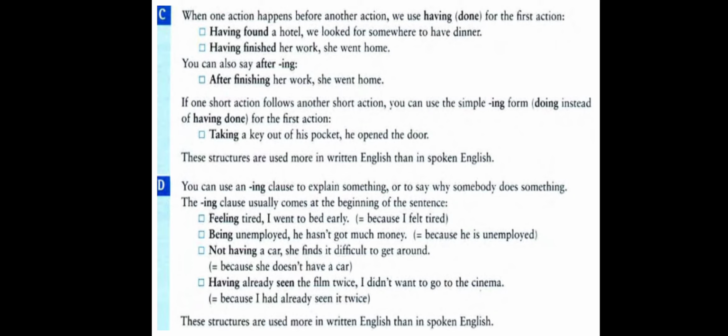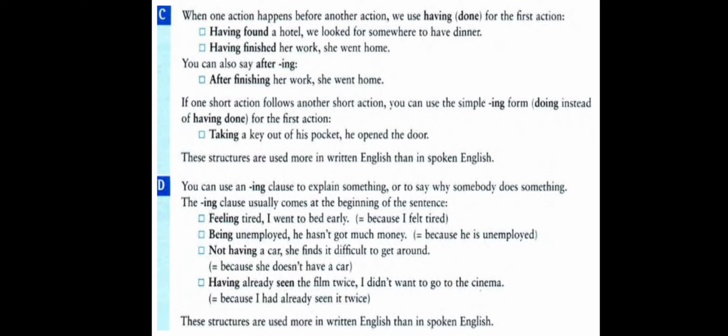If one short action follows another short action, you can use the simple verb plus ing. If the two actions are short, then you can use verb plus ing form instead of having plus past participle for the first action.